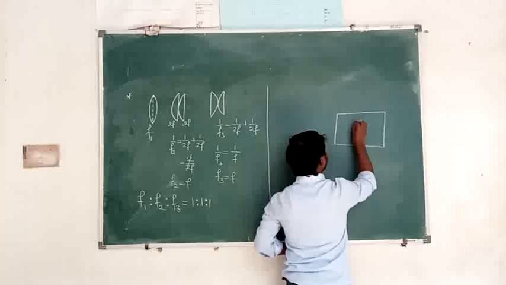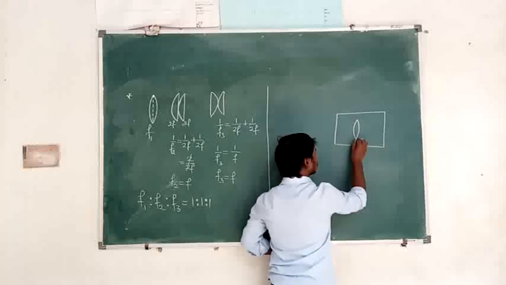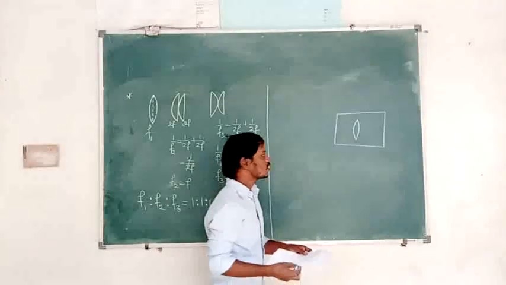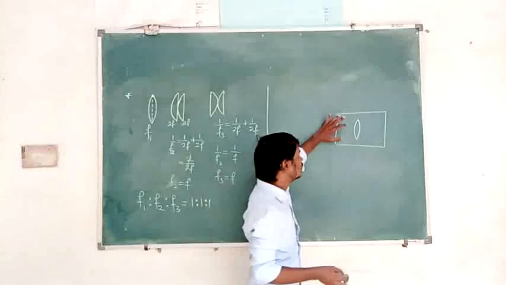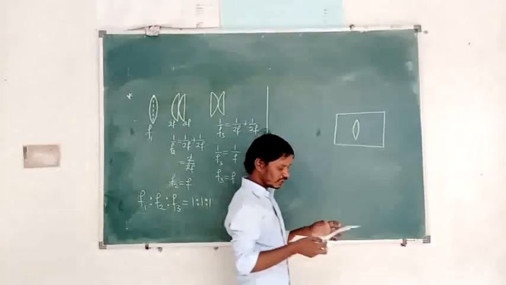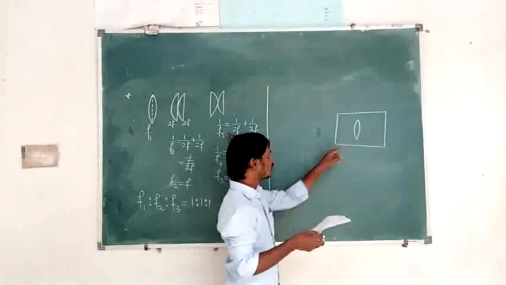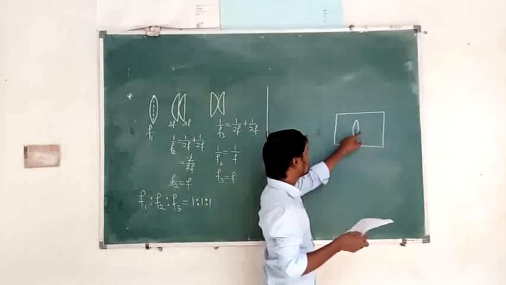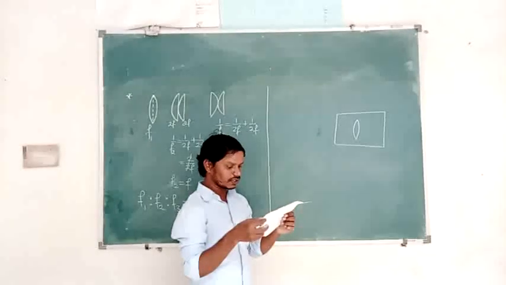There is an air lens, this air lens is cut. Air lens means here there is an air medium and it is a glass medium. Then 10 cm, what is the radius of curvature of each surface here? 10 cm.